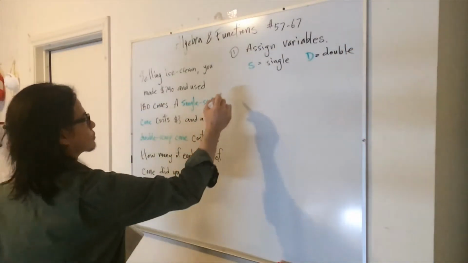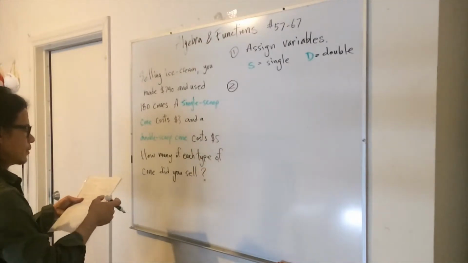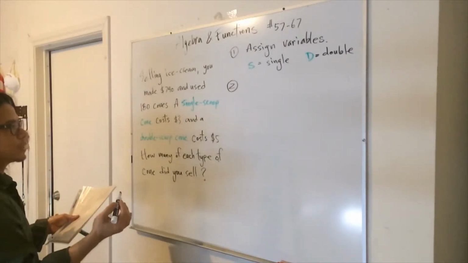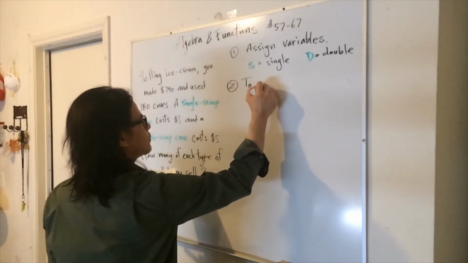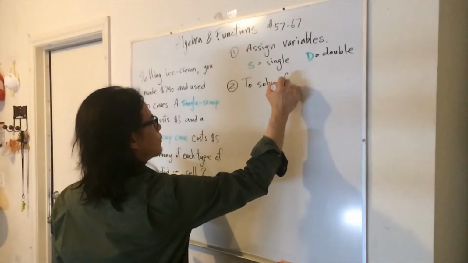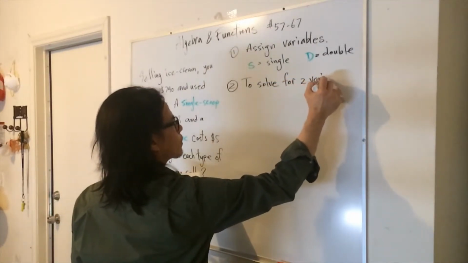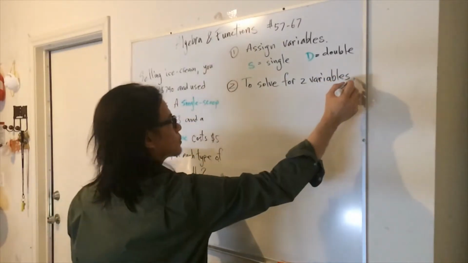Okay. Step 2, we're going to solve for two variables, so we need two equations. Remember, to solve for two variables, we need two equations.